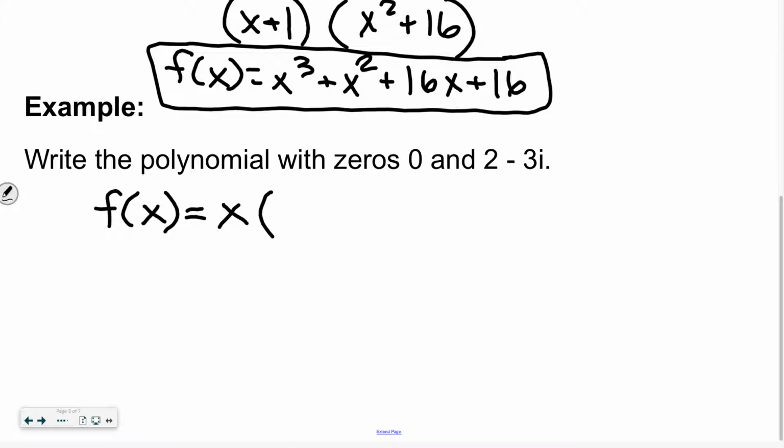We're going to have x for the 0. And then we're going to have x minus the quantity 2 minus 3i. And what's our other 0? 2 plus 3i, so x minus the quantity 2 plus 3i.